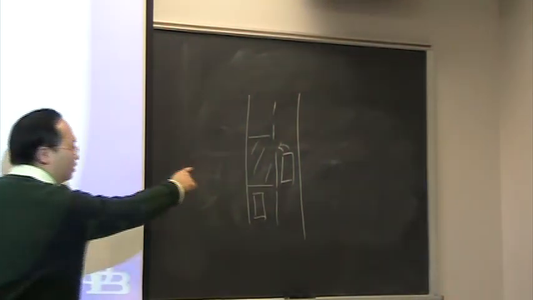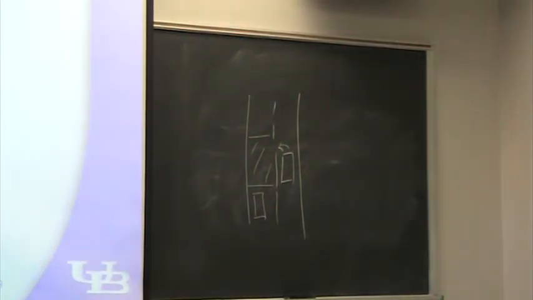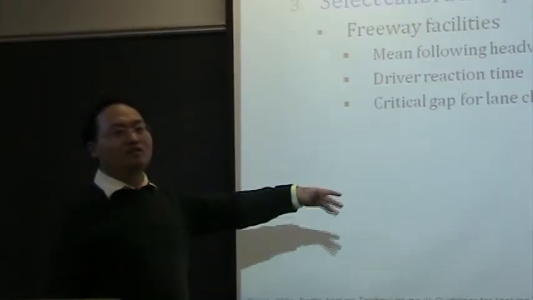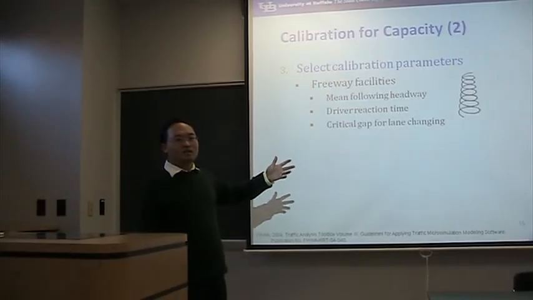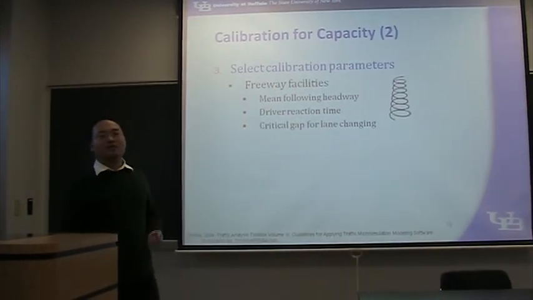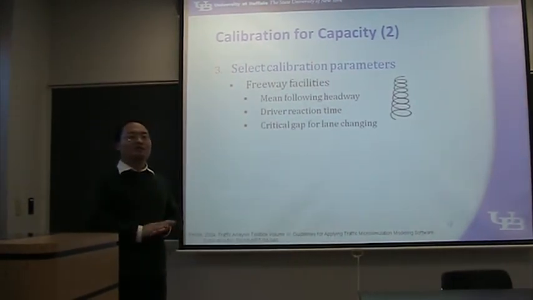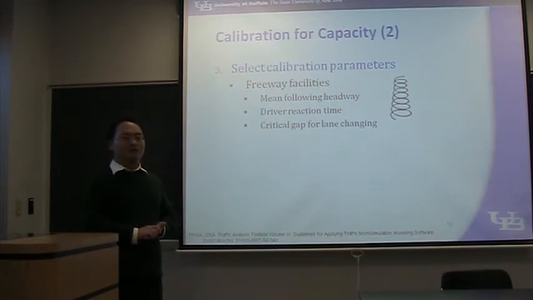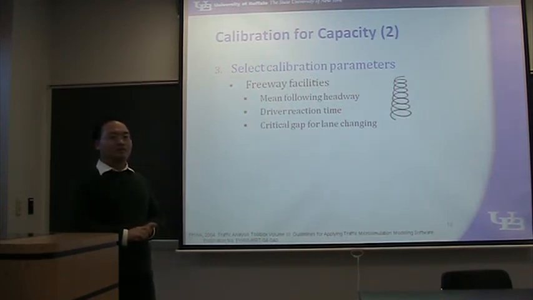How does this parameter affect the capacity? Why does it affect the capacity? The critical gap. If the critical gap is longer, then capacity will be lower because the density needs to be less.